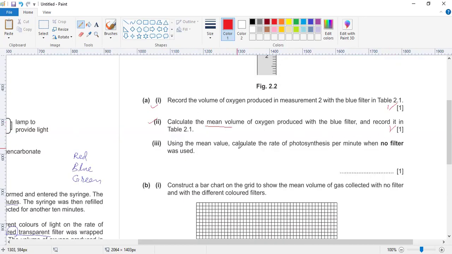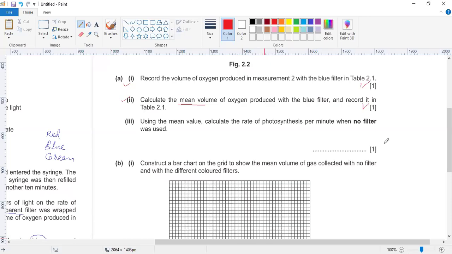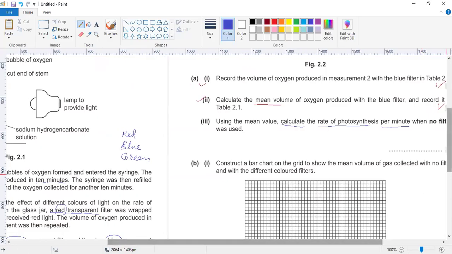And using the mean value, calculate the rate of photosynthesis per minute when no filter was used. So how to do this calculation? See, we should note that we have to calculate the rate of photosynthesis per minute when no filter was used. So come to the table again.